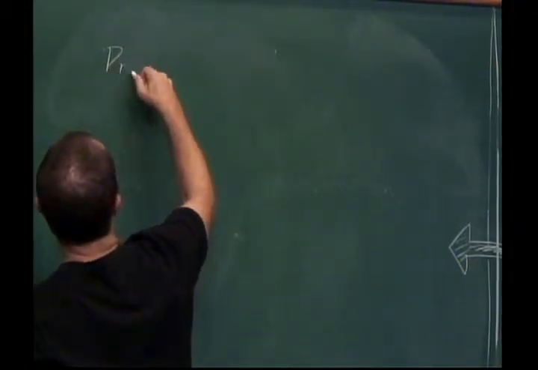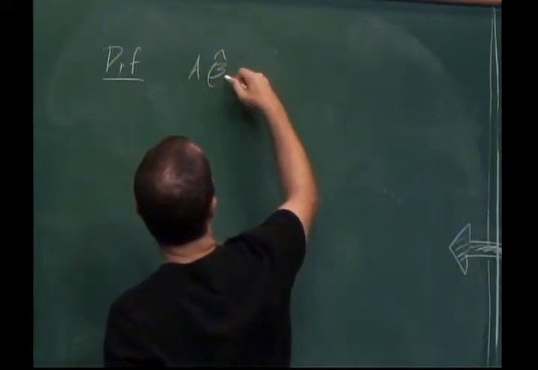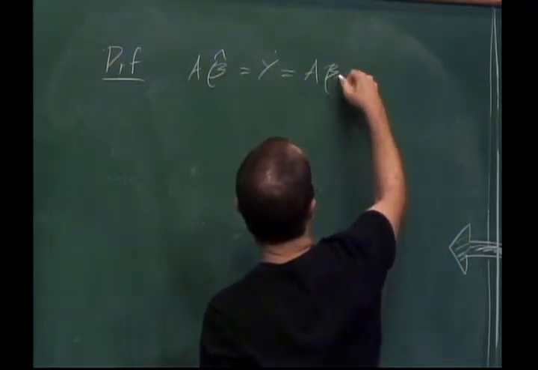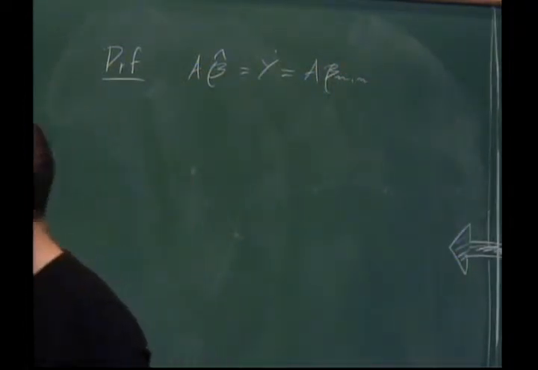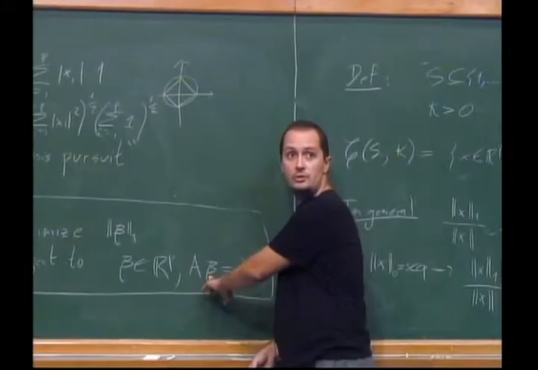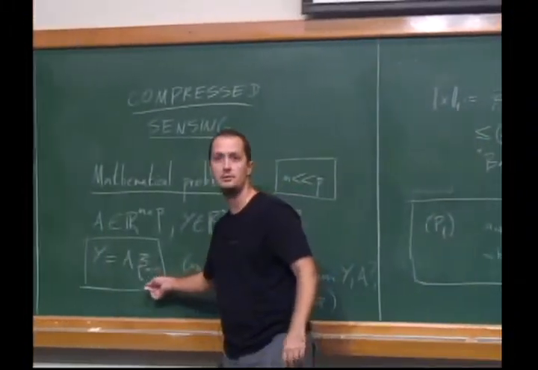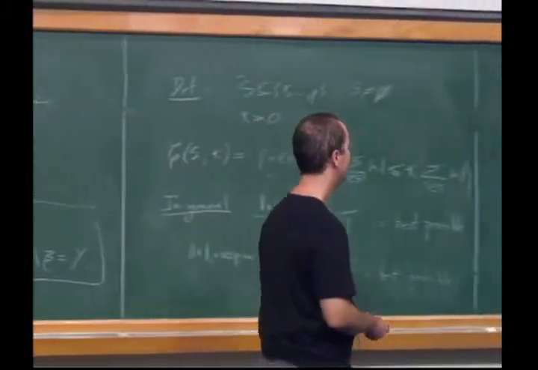Okay, the proof is, well, we know that A beta hat equals y, which equals A beta min, right? Well, I should have said this before, but it's not entirely clear that there is some solution to the system, except that we know from the beginning, we're assuming the system has a solution. So it's important to notice that at some point.